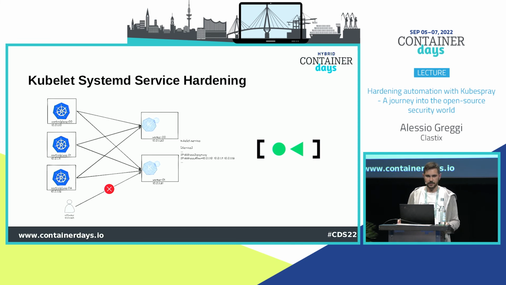So a potential attacker in the same network is unable to communicate with the kubelet, because systemd is setting up essentially a minimal firewall using an eBPF feature that has been recently introduced. For this reason, this feature depends on your system version, so you have to be sure that you are using eBPF and also cgroup v2.